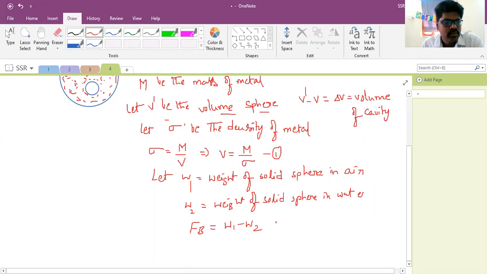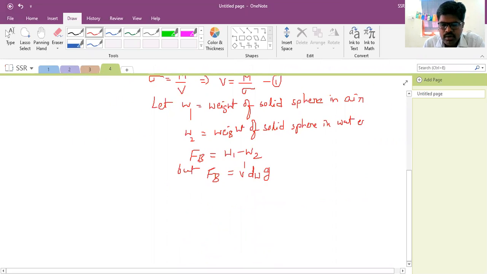But what can you write for FB? The force of buoyancy is equal to the volume of the immersed body, V dash, into the density of water, d water, into g.